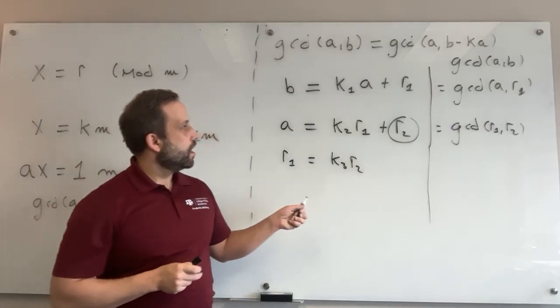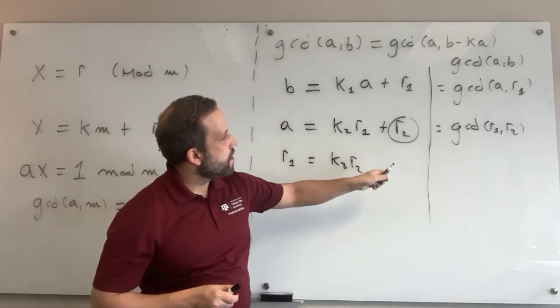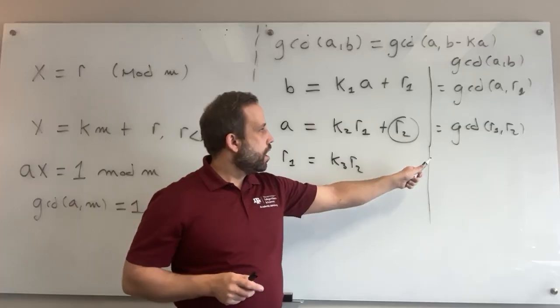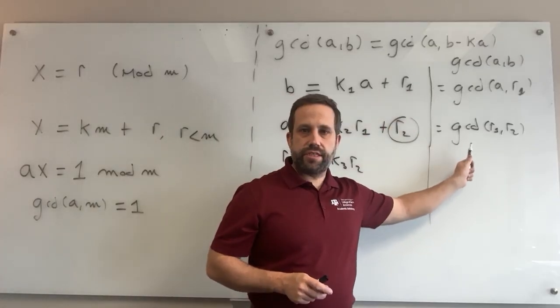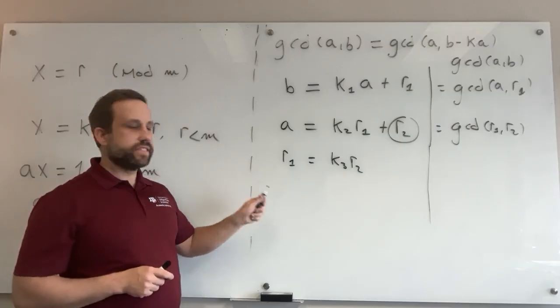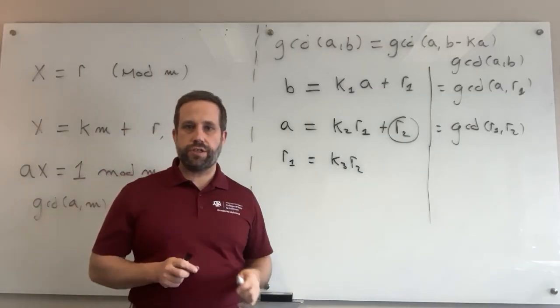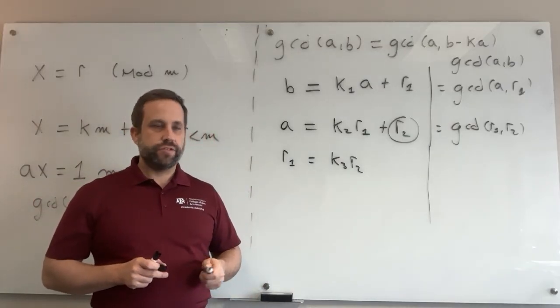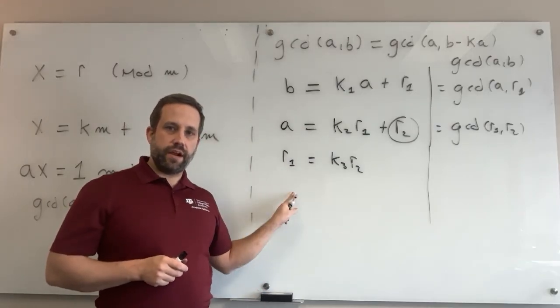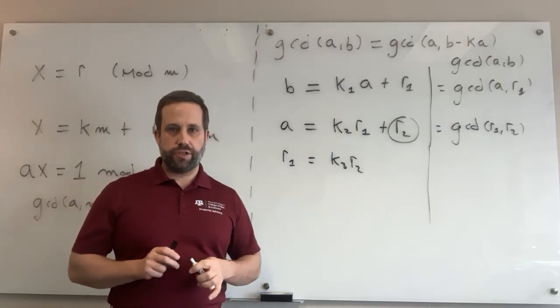Because if you look at the GCD of R1 and R2, that's the GCD of A and B. So the GCD of A and B is equal to the GCD of R1 and R2. But this step says that R1 is a multiple of R2.